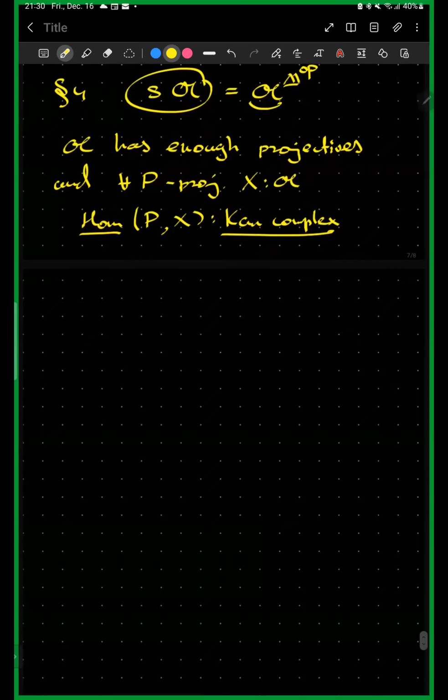So then we can endow this category with the structure of a model category, and even a simplicial model category, but that is not discussed.